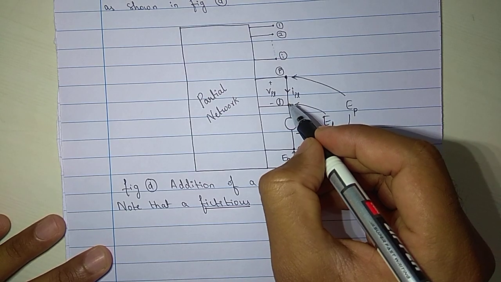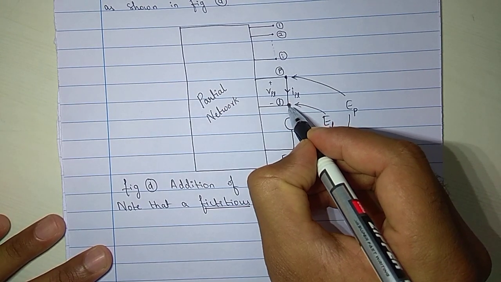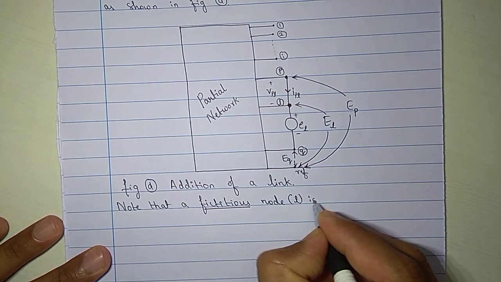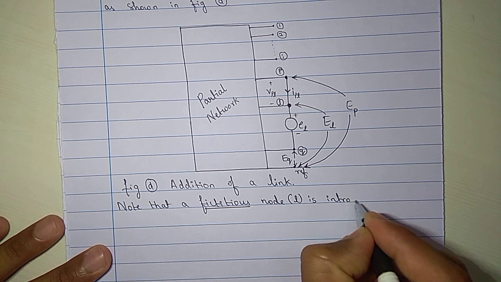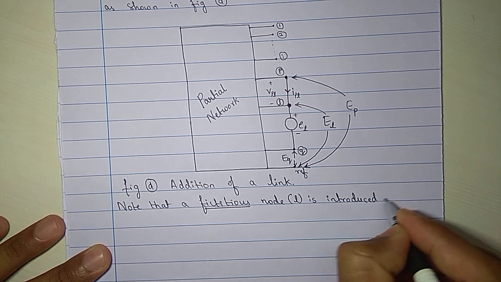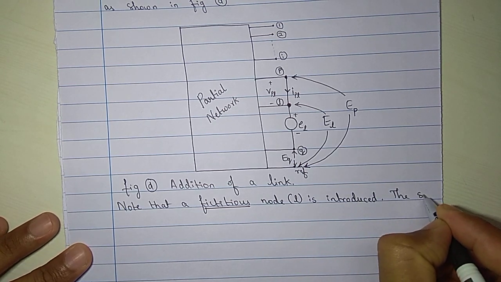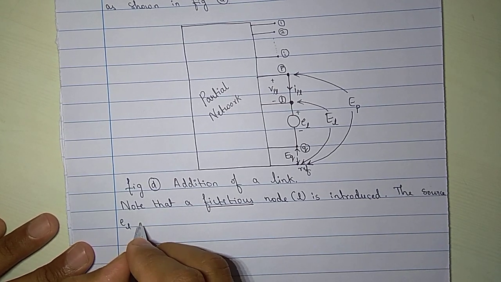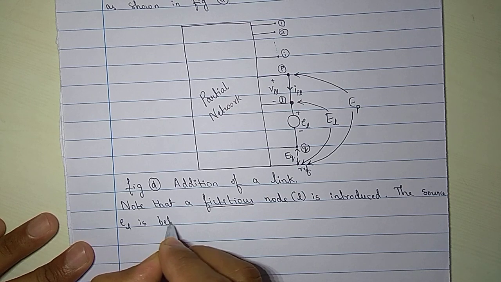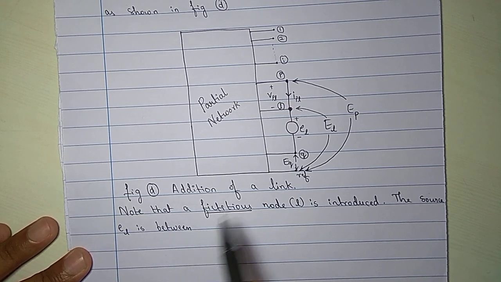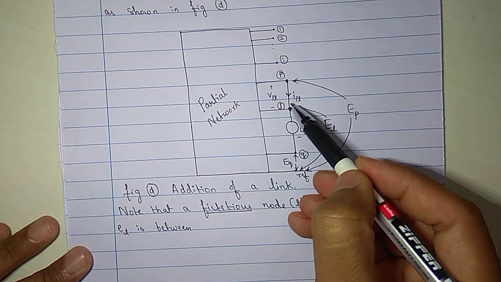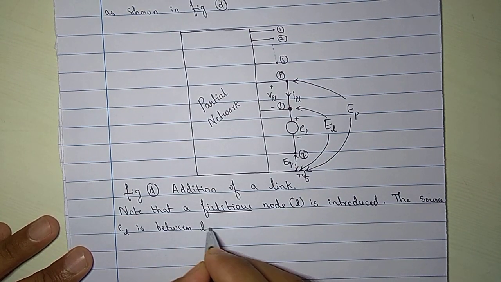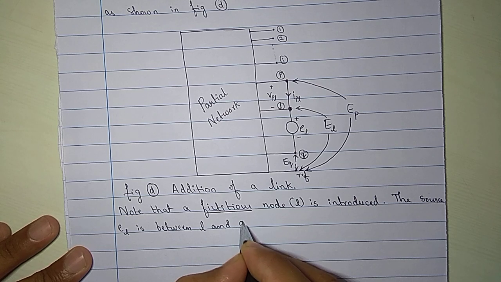We have assumed that in the figure, L has appeared here. A fictitious node L is introduced. The source E suffix L is between, where is EL connected? EL is connected in between node L and node Q.